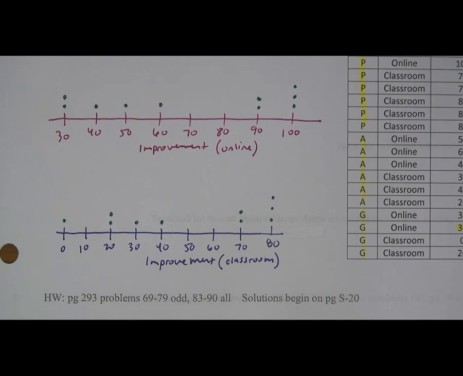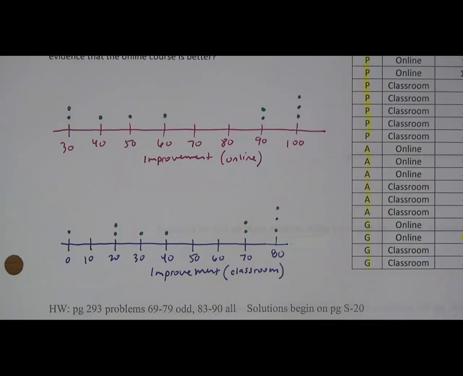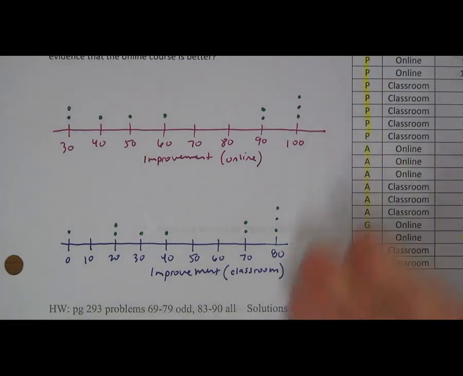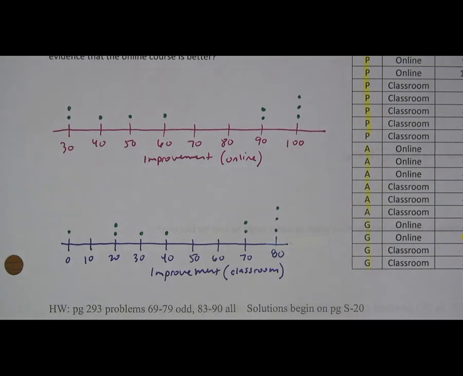Now we did what they told us to do. And everything looks nice and neat. But here's the question. Based on what's right here in front of you, can you tell if there's convincing evidence that the online course is better? Because it looks like in the classroom they made pretty good improvements as well.